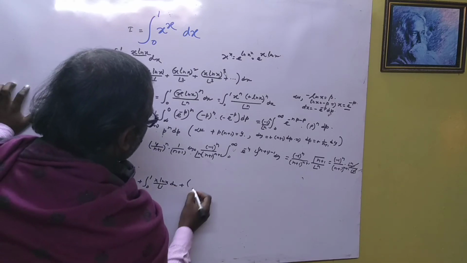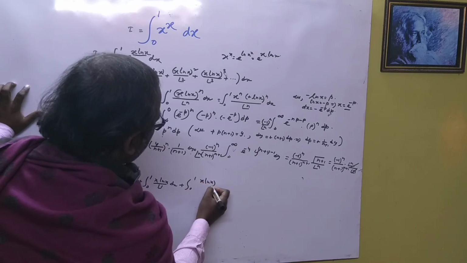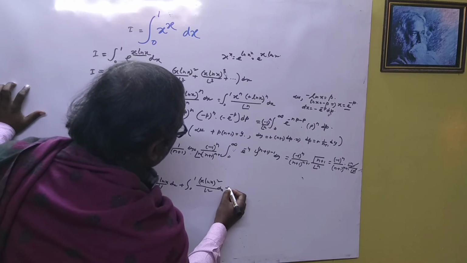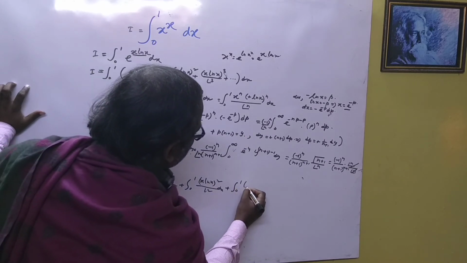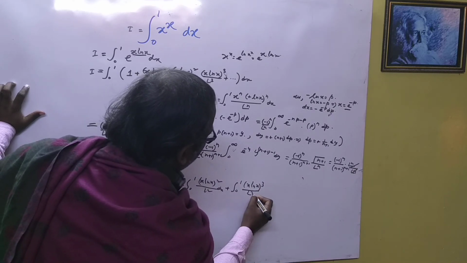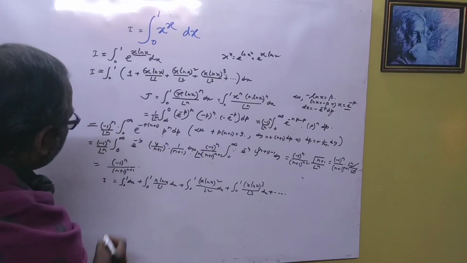So this is integral 0 to 1 (x ln x) whole square by factorial 2 dx, and again integral 0 to 1 (x ln x) whole cube by factorial 3 dx, and so on.